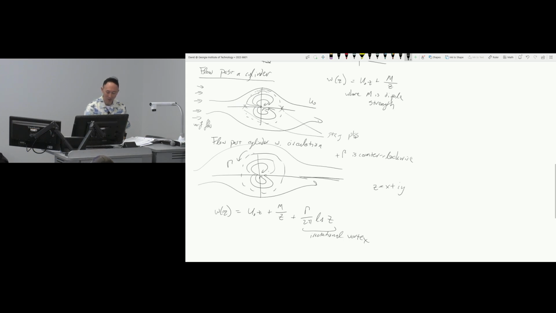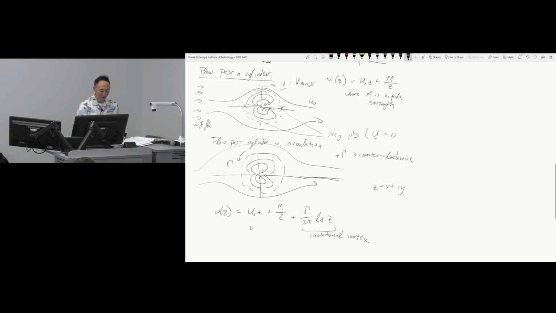And that's where u is equal to 0. And here is where the velocity u is equal to max, u max. Because you got the source and the sink adding to the flow, so you have highest velocity there and lowest pressure. So the interaction between the incoming flow and the dipole creates these two stagnation points.